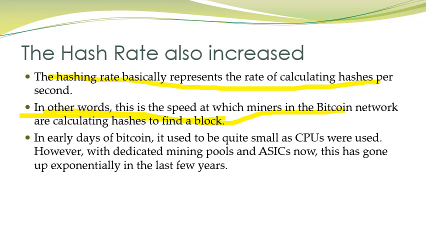In the early days of Bitcoin, it used to be quite small. CPUs were not much powerful, and the time required for calculating the hash was quite small. But nowadays computers have become powerful, supercomputers are there, and other dedicated specialized computers are there.